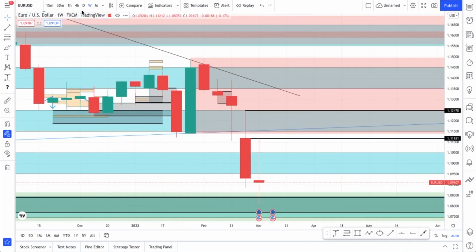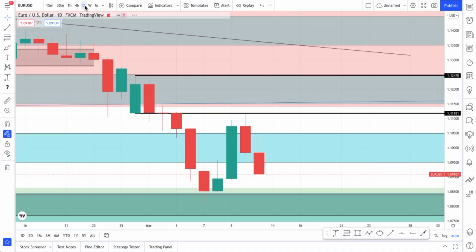So if we move down to the daily time frame, we can see that that weekly doji candle formed as prices respected this weekly and daily demand zone here, which saw prices rallying all the way up until this daily supply zone. So there is a daily level of supply situated right here.